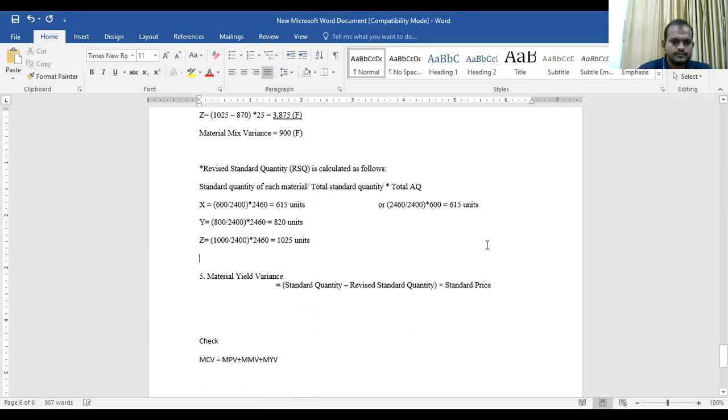Now, material yield variance. So standard quantity minus revised standard quantity. We already calculated the revised standard quantity.